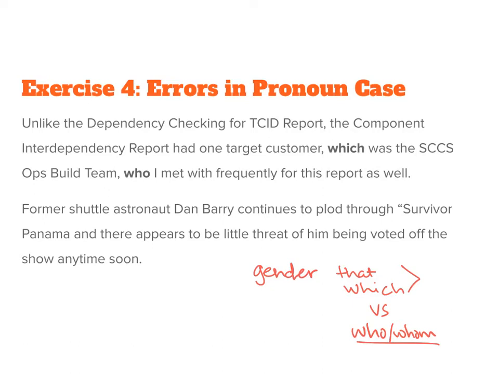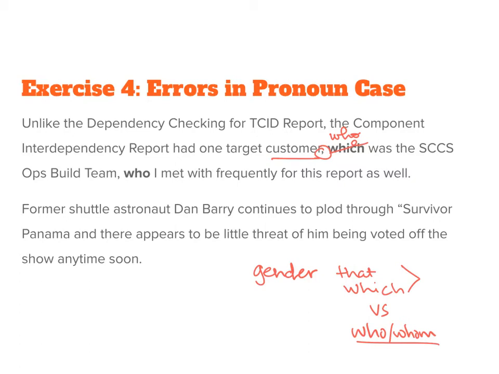So in this one, "unlike the dependency checking for the TCID report, the component interdependency report had one target customer." This is a relative phrase, a relative pronoun, and it's describing customer, and customer is a person. So who is the correct form there. This is also offset with a comma because this phrase is extra information.